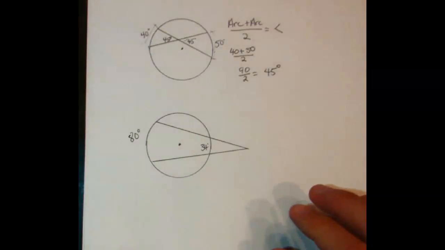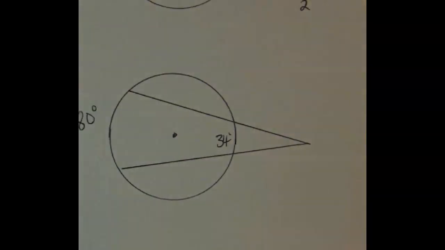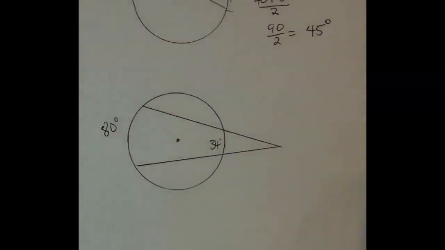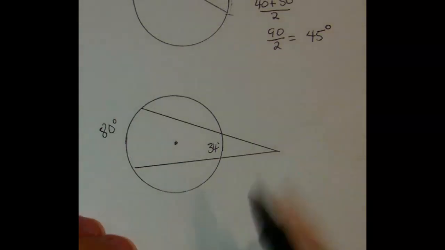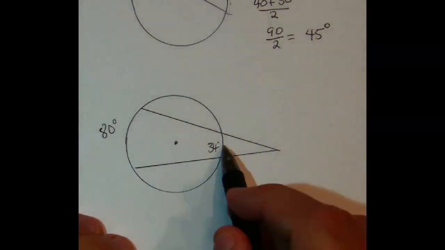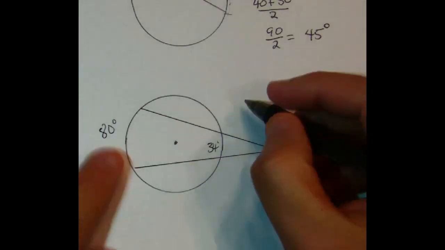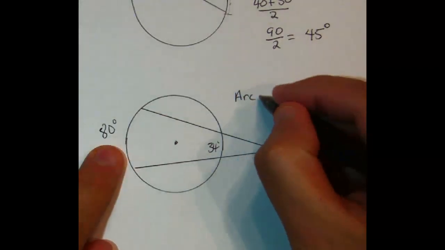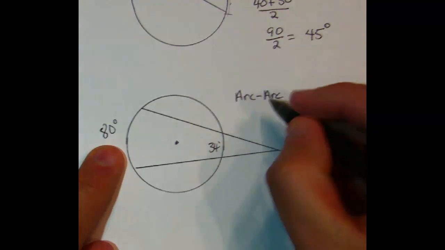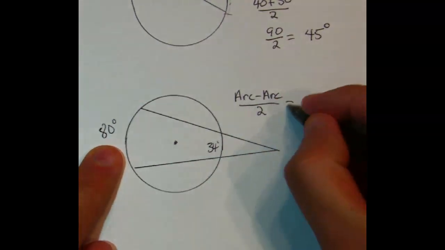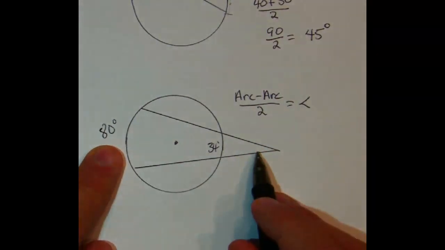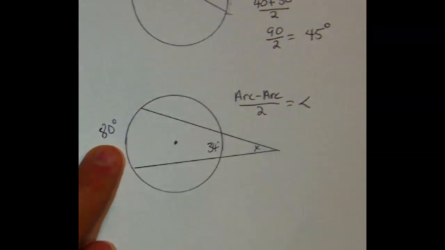So in this case, it's just like the previous formula, except our angle is on the outside, and instead of adding the arcs, you're going to subtract the arcs. So this would be arc minus arc divided by 2 is going to give you that angle on the outside. We'll just call that x.